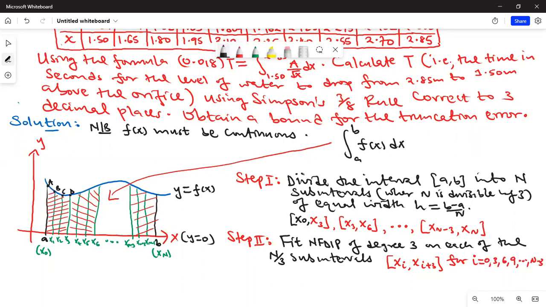Again, from D, let's say here we have E, going to F, going to G. Again, the next 3 strips is from D all the way up to G. Of course, 4 ordinates, 3 strips. Now, again, those are 4 points. It means you can come up with an interpolating polynomial of degree at most 3.